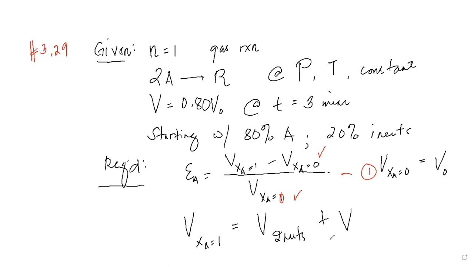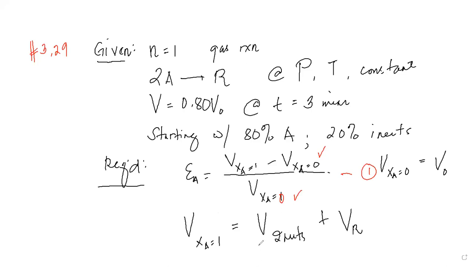Since A is already fully converted, the final volume will be the sum of the volume of inerts, which remains unconverted, and the what? Anyone? Correct, Joe Byrne. It would be the volume of the product, that would be the volume of R. I'll place there volume of R because it's already produced from the conversion of your A.